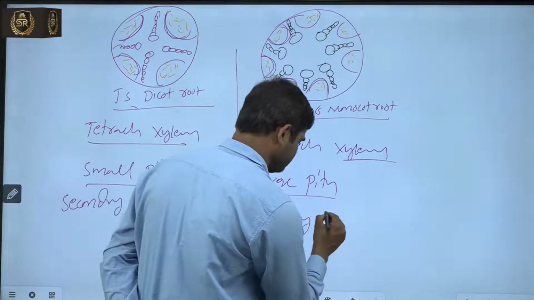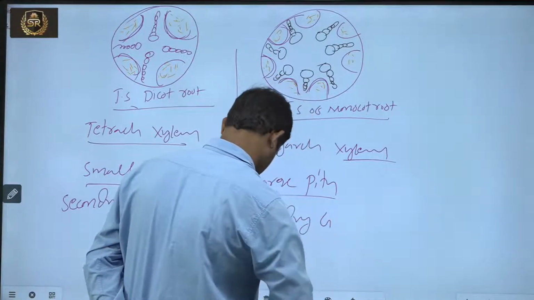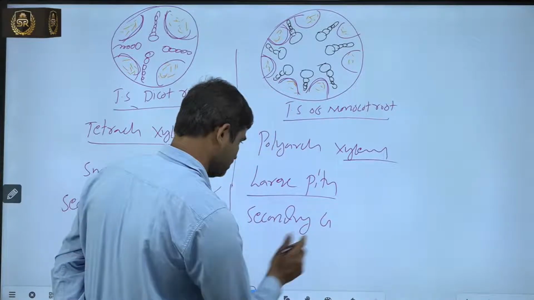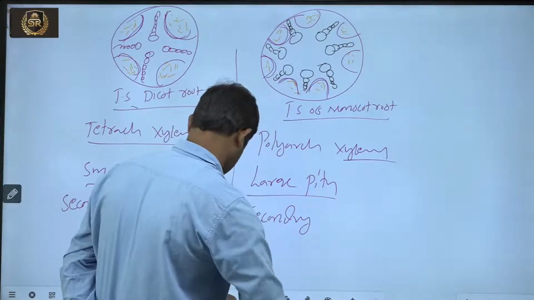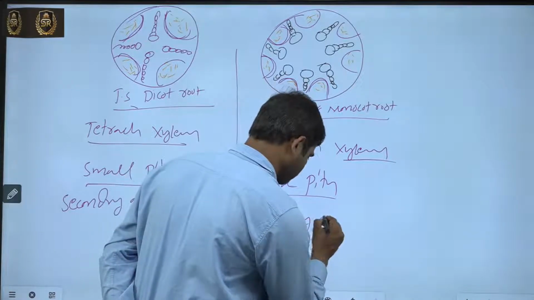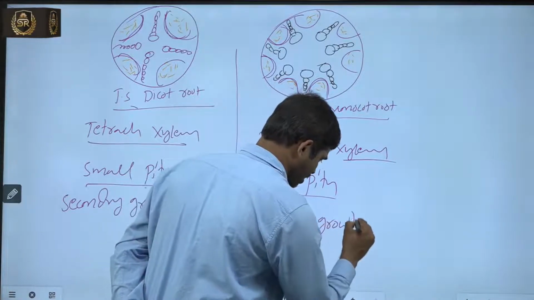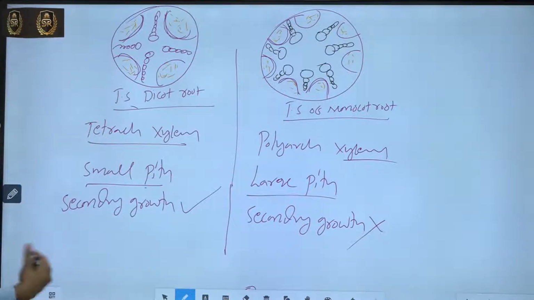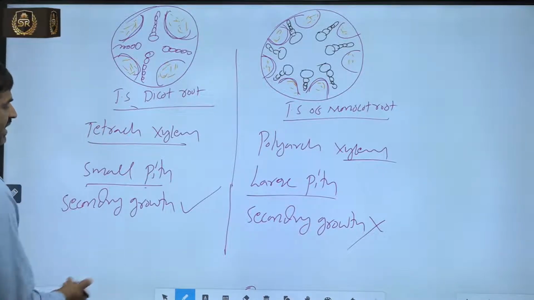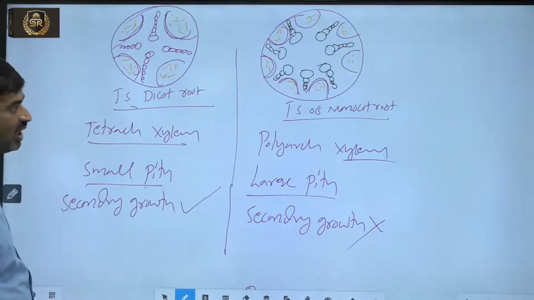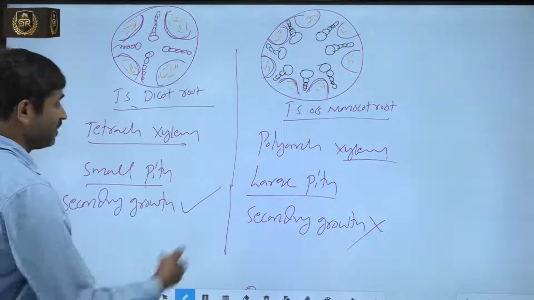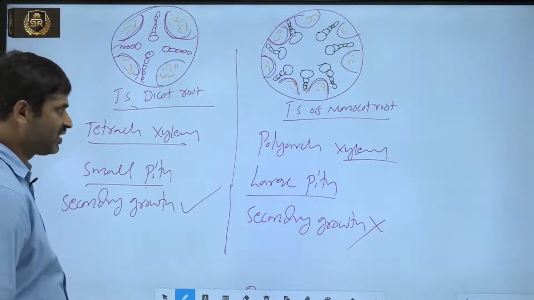Pericycle is involved in secondary growth in dicot; in monocot, the pericycle is not involved in the differentiation process.